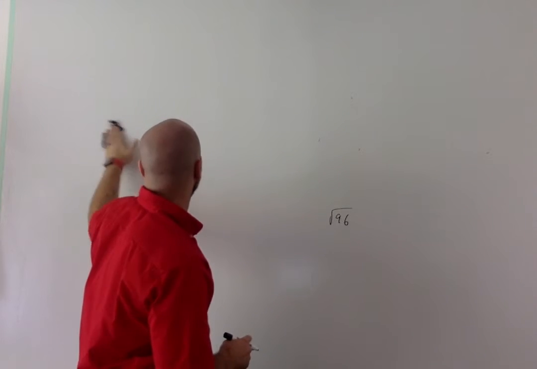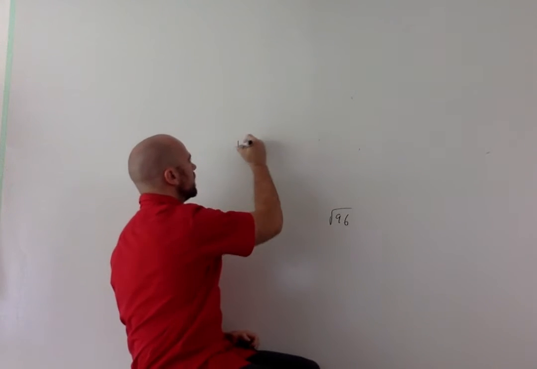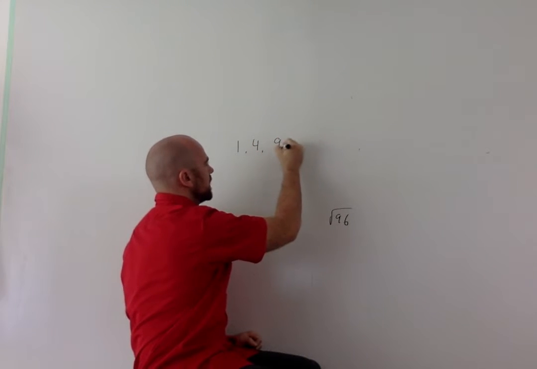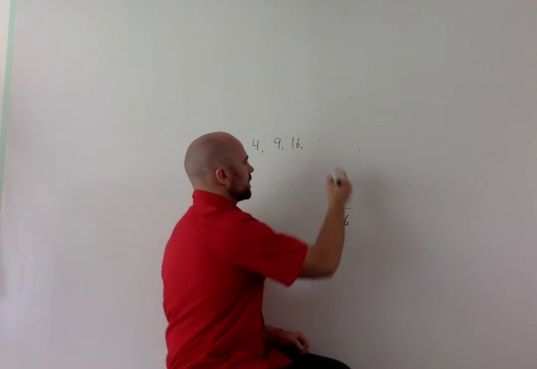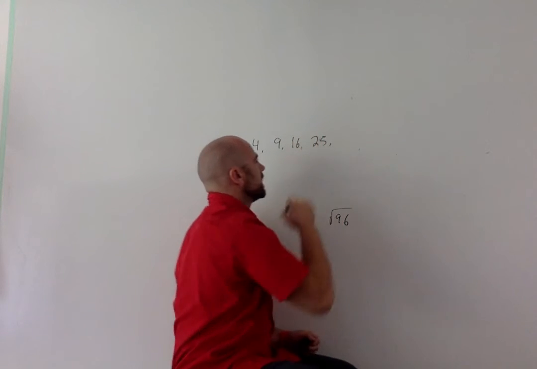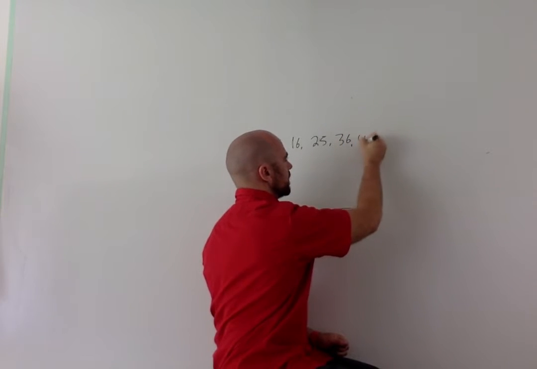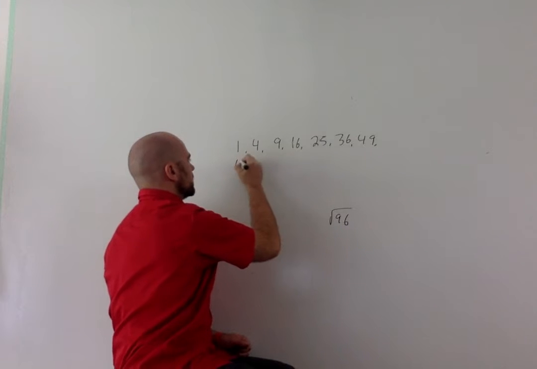We have 1 times 1, which is 1. 2 times 2 is 4, 3 times 3 is 9, 4 times 4 is 16, 5 times 5 is 25, 6 times 6 is 36, 7 times 7 is 49, 8 times 8 is 64.